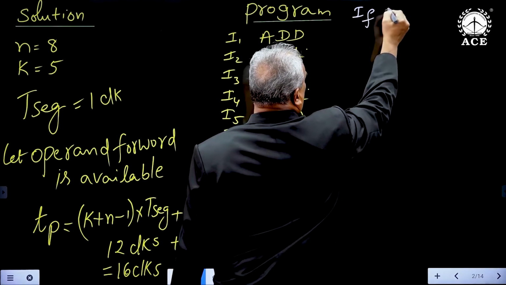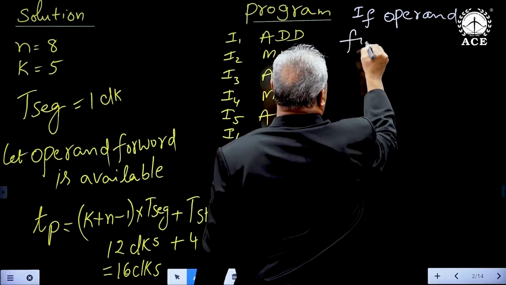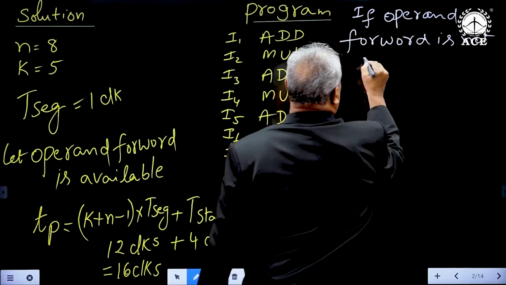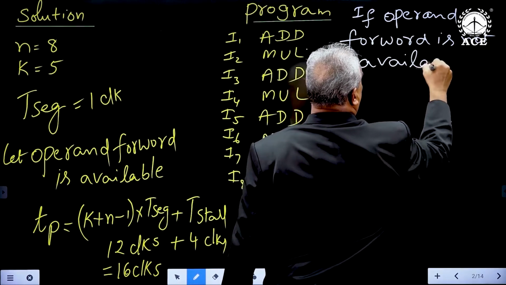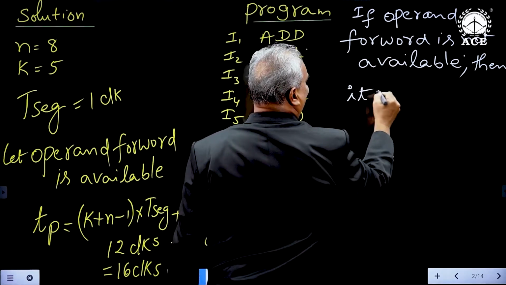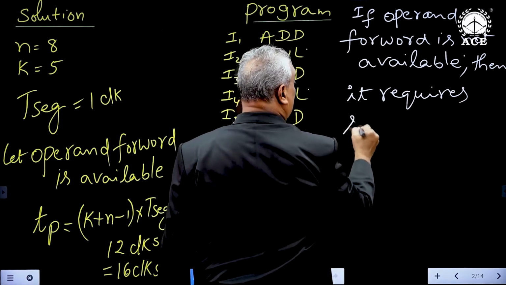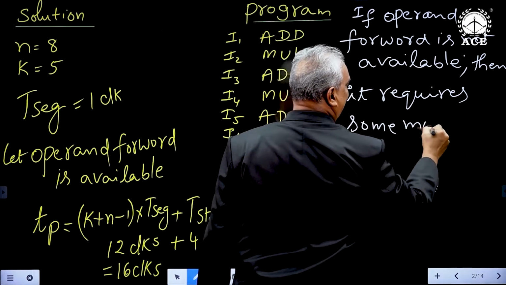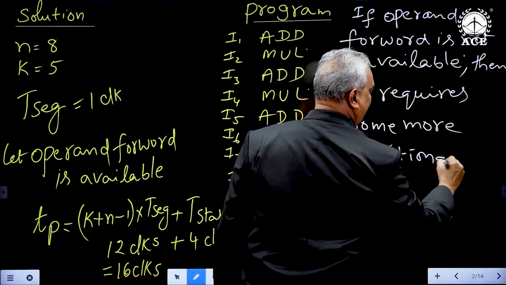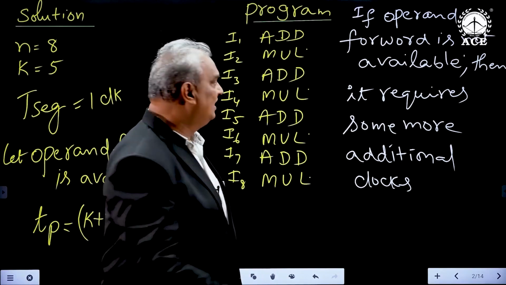If operand forward is not available, then it requires some more additional clocks. Observe this one first.